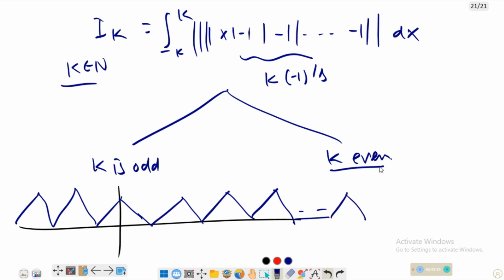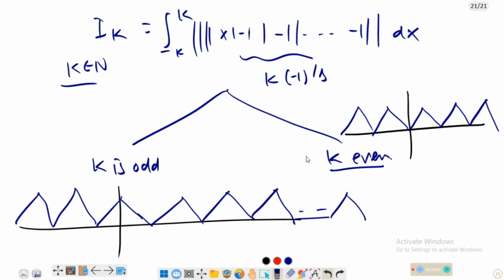If k is even, then the triangles are like that. So there are a total of k triangles in each case.